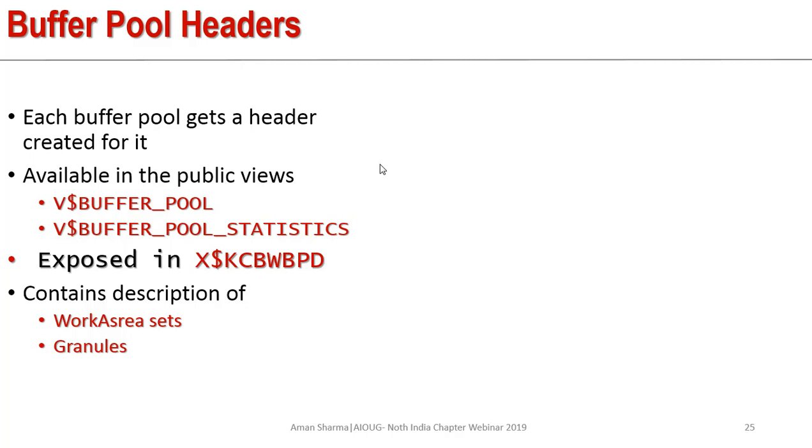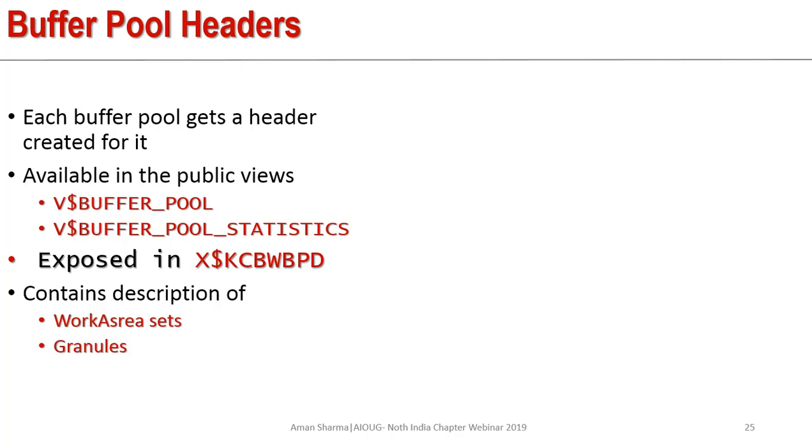Buffer pools are exposed to you in this table, KCP WP BPD, which is the kernel cache buffer work area buffer pool descriptor. It has the information about the granules, which hold the buffer cache buffer headers, and these granules comprise something called work areas.